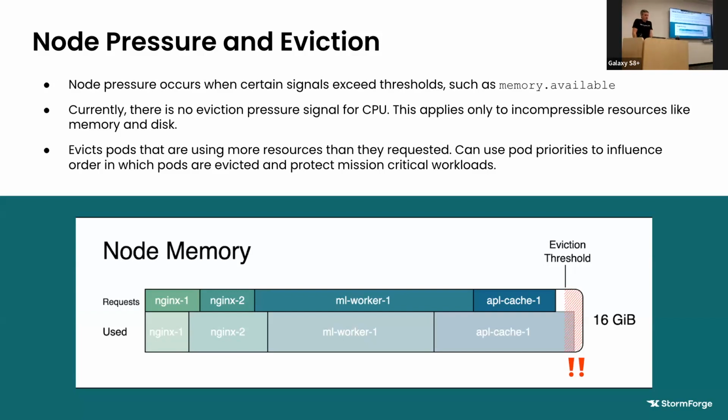So what's going to happen is when it exceeds a threshold, and the thresholds are all on incompressible resources, so memory, storage, it's going to create a node pressure event. If you look in the status of the nodes, you can see if they have node pressure. And when it has node pressure, it's going to go in and evict.